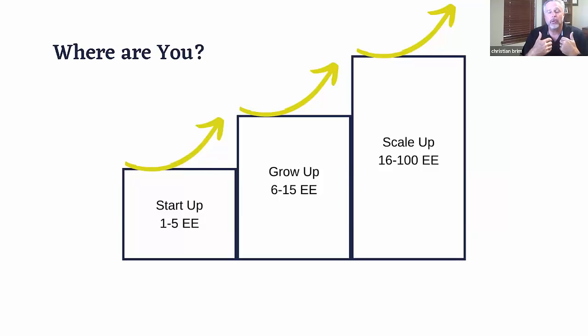So the best proxy that we have found, and this is not my idea, this is a Scaling Up coach out of Texas that came up with this, was to segregate businesses by employee size, because across industries, that's usually a better proxy than just top line revenue or even years in business or profitability.